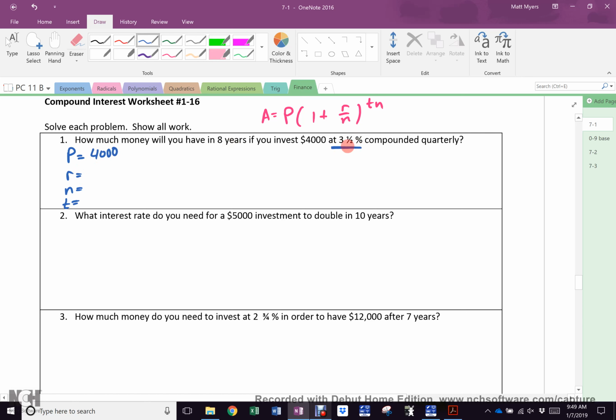Now, a great many of you have a lot of trouble writing this as the decimal that's going into your calculator. For some strange reason, all of you know what 3% is. But I've asked you what 3.5% is because you have trouble with decimals. And I don't really get why. 3% is 0.03. 4% is 0.04. 3.5 is exactly halfway between 0.03 and 0.04, yes?